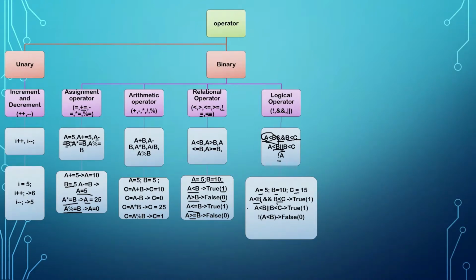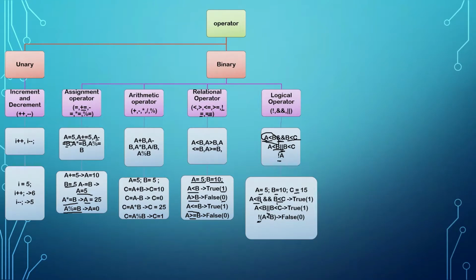If both the conditions are true, it returns 1 in AND. If any one fails, it returns false. But in the OR operation, if any one is true, it returns true. If both are false, it returns false.